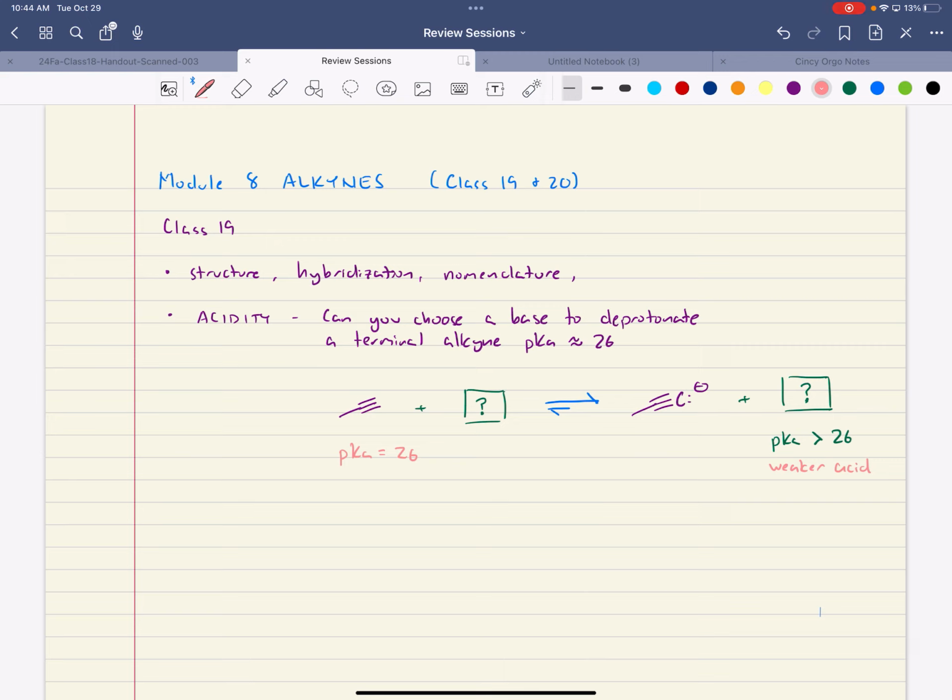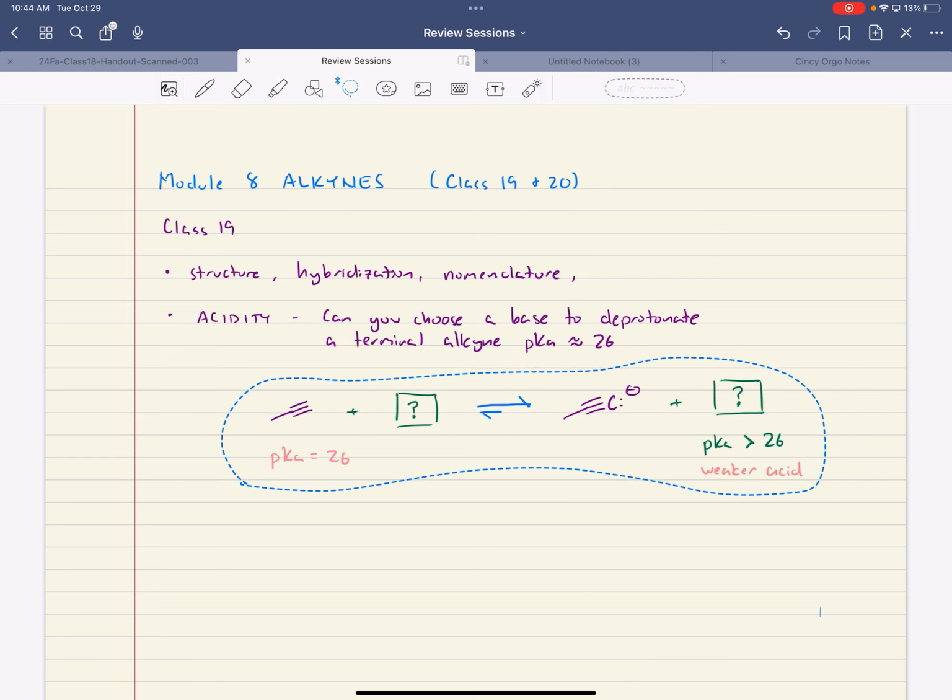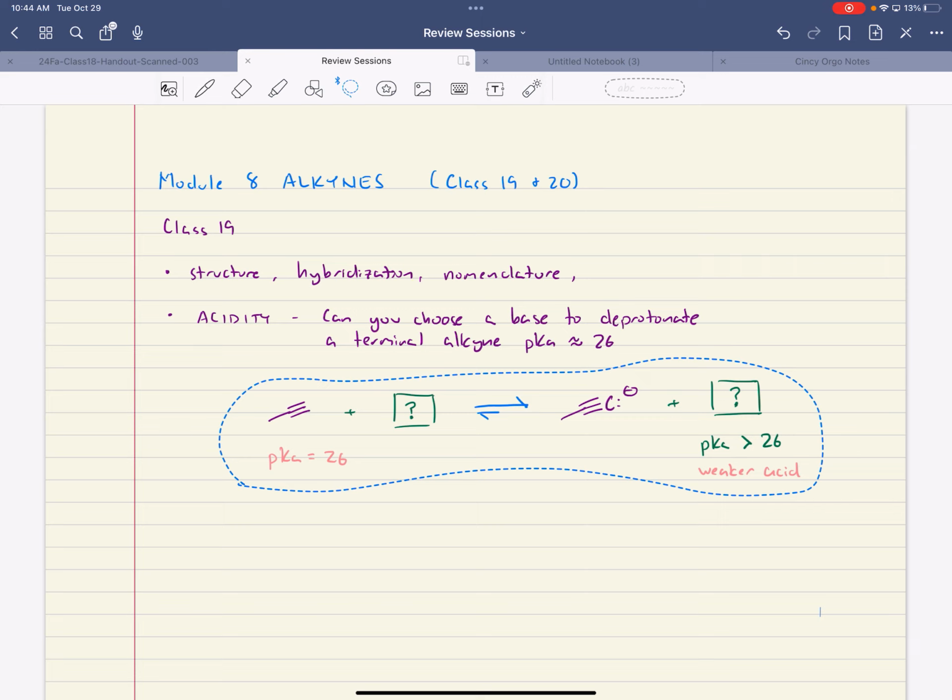So I'm not going to tell you the answer, but you could imagine that if I give you 4 choices, sure, you could pick the one that's the most basic. Or I could give you 4 choices and say, hey, which of these 4 can do this reaction? And it could be 1, 2, 3, or all 4 of them. You have to decide.